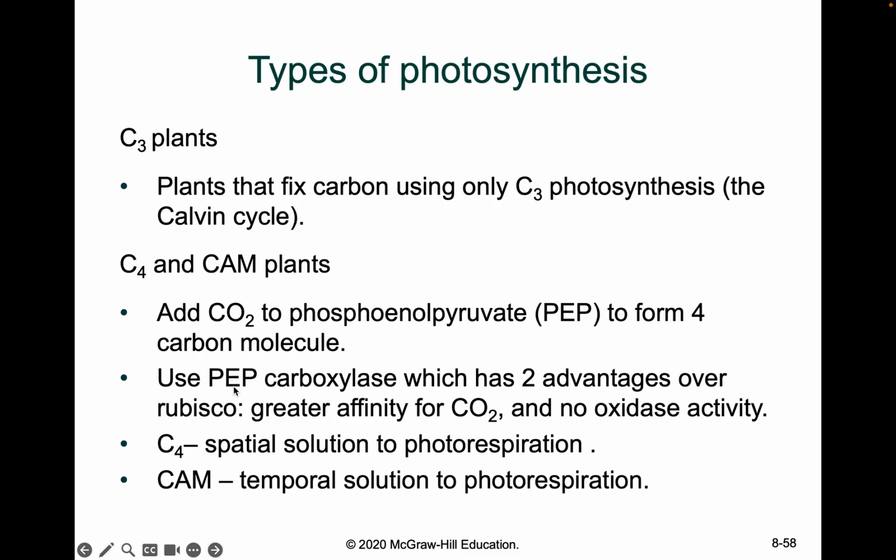Then this can be transported or kept there, because when we need carbon dioxide, it can be decarboxylated to release CO2. This is very important because, for example, let's imagine you have a plant and there's a lot of carbon dioxide.